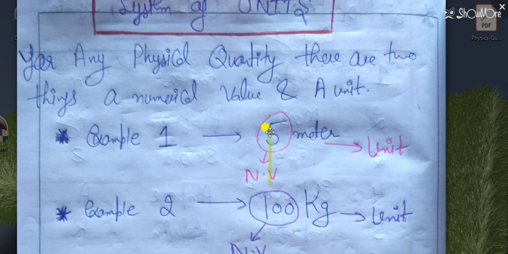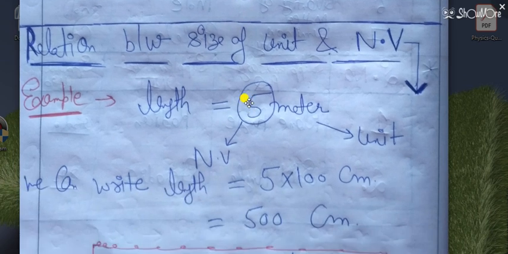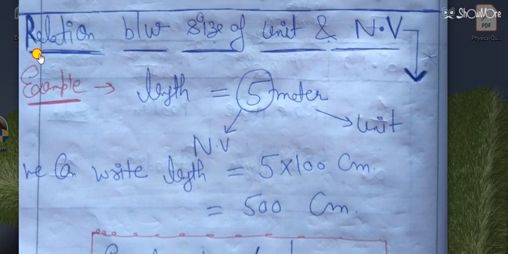I have to tell you one thing: if the numerical value increases, then the unit will decrease. You can see the heading is the relation between the size of unit and numerical value. Suppose length is equal to 5 meter, we can write the same length as 5 into 100 centimeter, that means 500 centimeter.